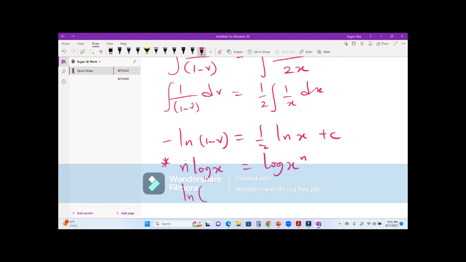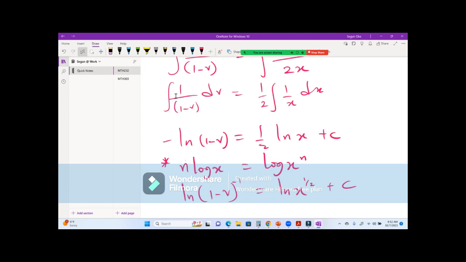So we have ln (1 minus v) raised to power minus 1 equals to ln x raised to power 1 over 2, plus c, because ln c will also be c.